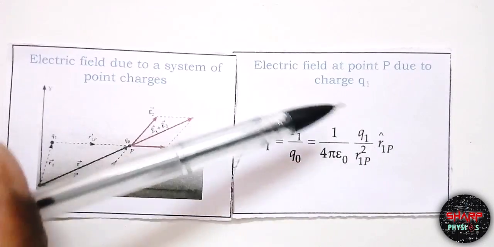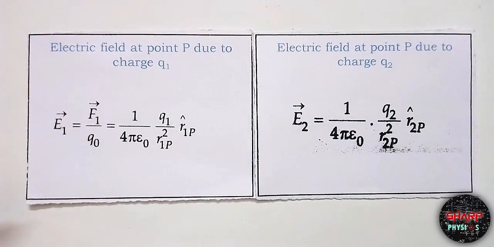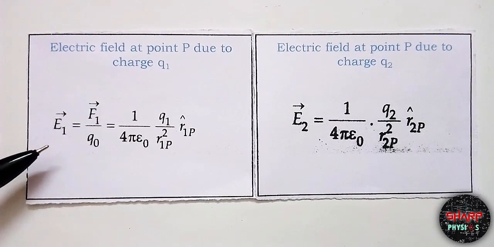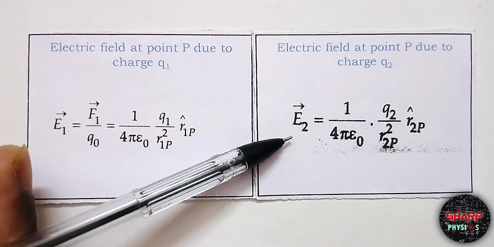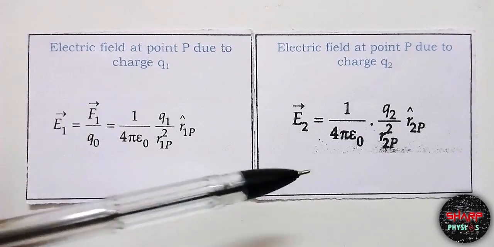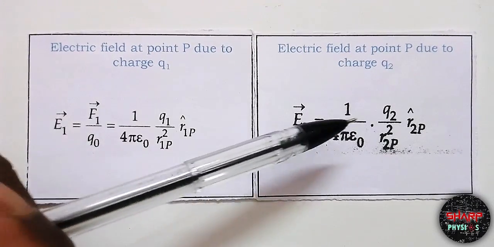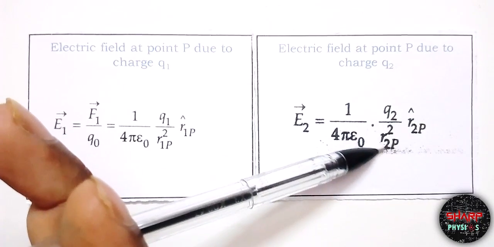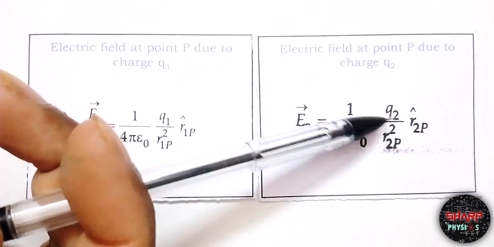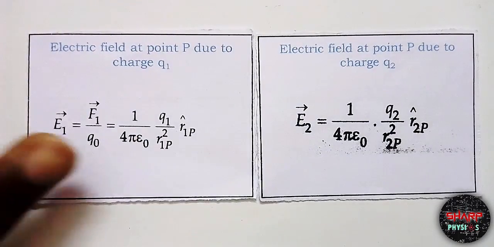Q0 and Q0 will be cancelled. Once you know this, you can find the electric field of Q1, and you can easily find the electric field of Q2, I mean the second source charge. So E2 is equal to 1 by 4 pi epsilon 0 into Q2 by R2P square, R2P.